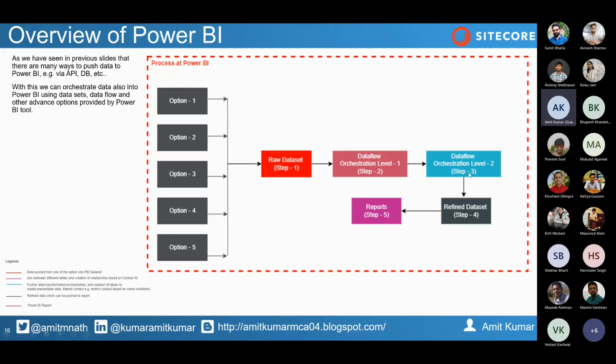If you want to create a custom table, you can do all this granular data orchestration in step 3. Once all the data refinement is done, you can create a data set out of that. This data set can be utilized directly by the Power BI reporting feature to create the required report.